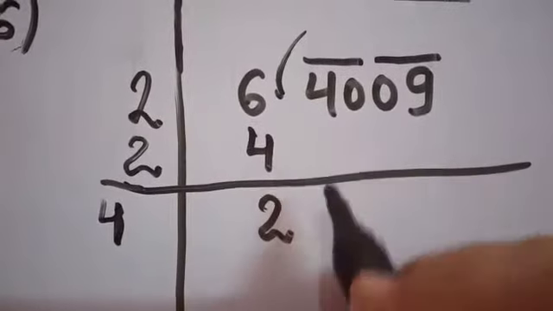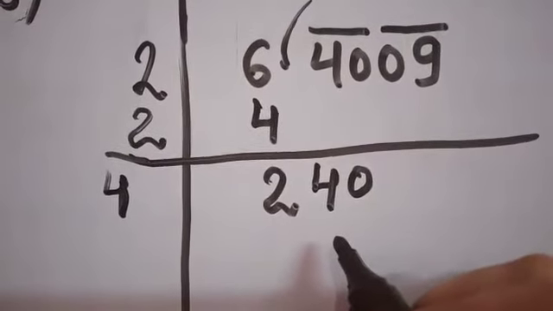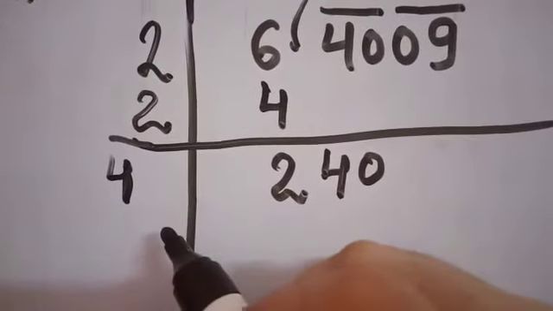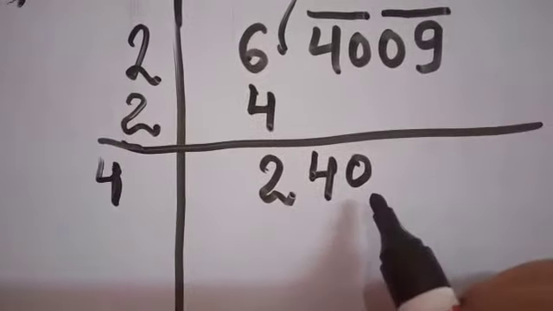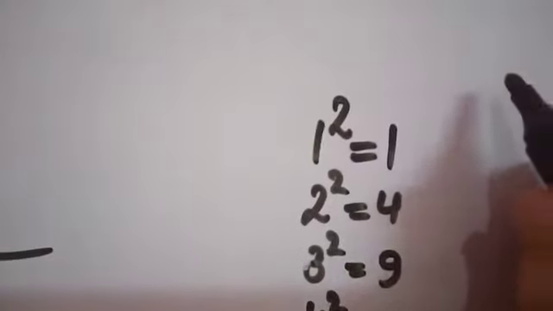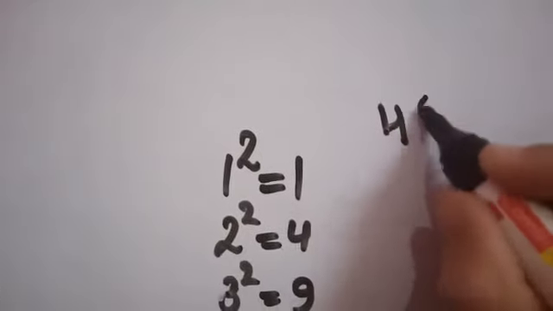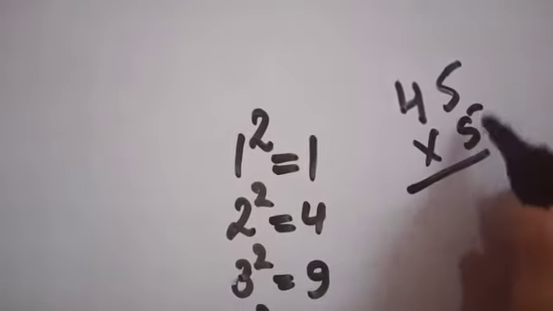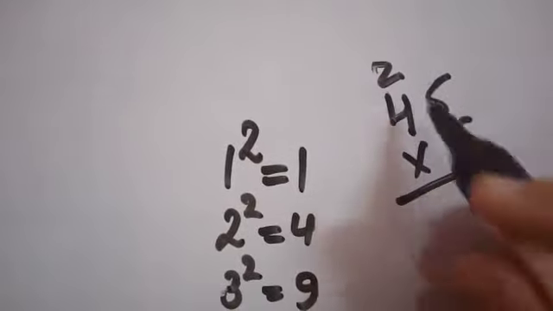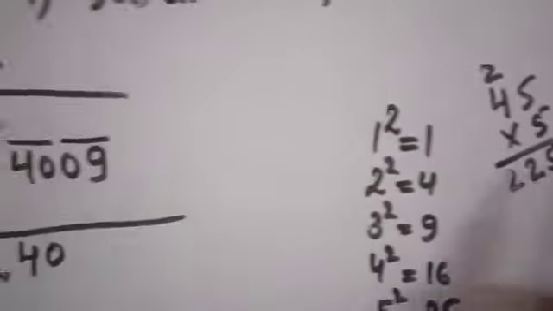Now we will write next pair 40, so the number will be 240, and then we have to include a number here, and by the same number we will multiply to get 240 or less than 240. So we will multiply 45 by 5, then we get 5 fives are 25, 5 fours are 20 plus 2, 22, which is less than 240.